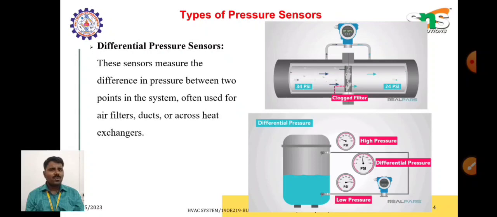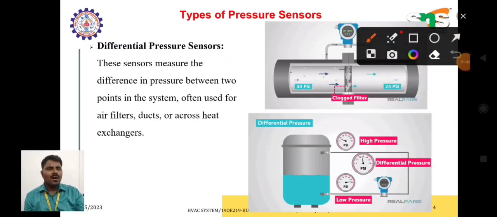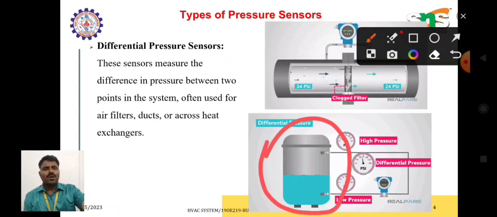The first one, differential pressure sensor. Here you can see a boiler. Some fluid, water, is there. With the help of a furnace, the water gets boiling.